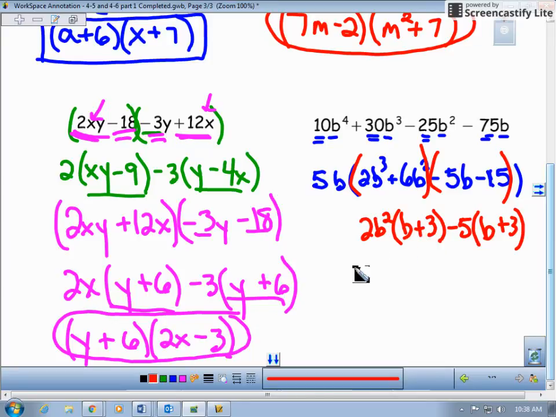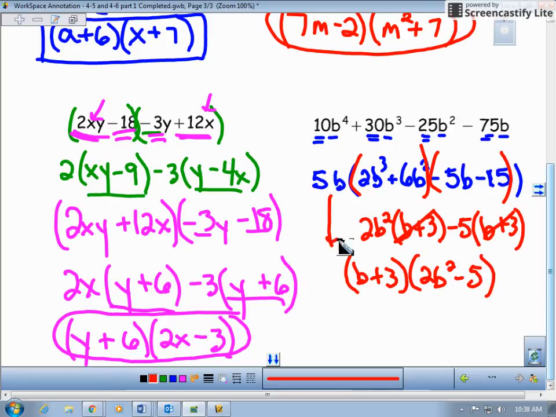And then I'm going to go ahead and take that common binomial out, which is that b plus 3. And then 2b squared minus 5. And don't forget to bring your 5b down here, that common factor out there. So that would be this factored completely, ladies and gentlemen.